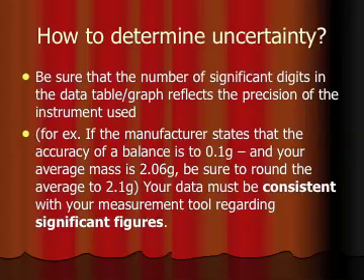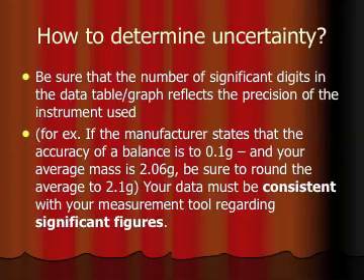For example, if you are using a balance that gives you plus minus 0.1 grams and you took the average of your data points and you plot the average in your graph, you cannot have a number like 5.321. Why not? Because the precision of the instrument only gives you one decimal place. So there's no way that you can know for sure that it's 5.321 if the precision is only one decimal place. So it would only be 5.3.